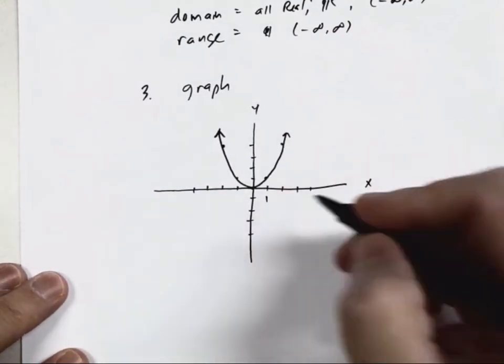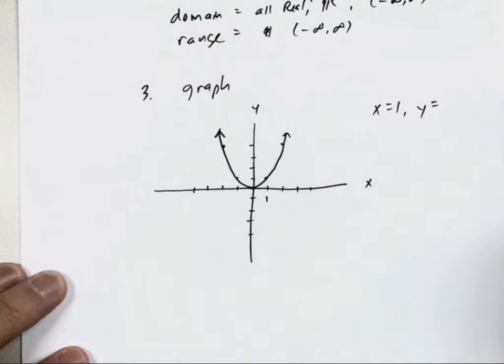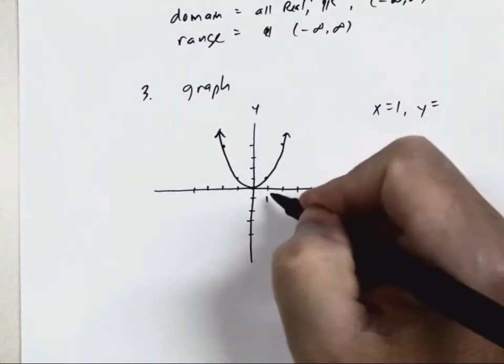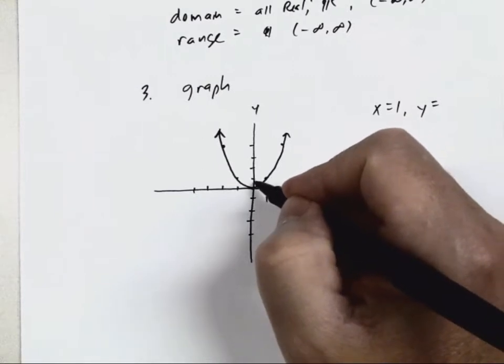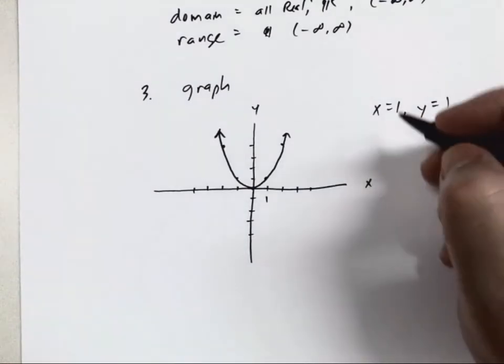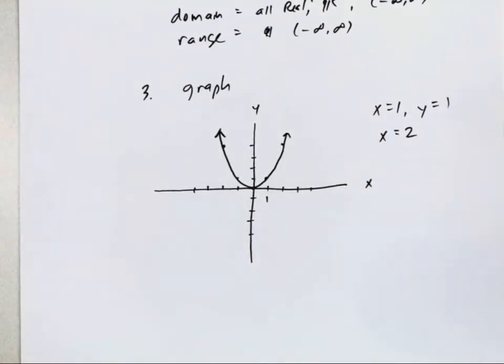So when x is 1, what does y equal? I go to 1 on my x-axis, I go up to my graph, and I say, at this point, y is 1. Say they said, okay, what about when x is 2?